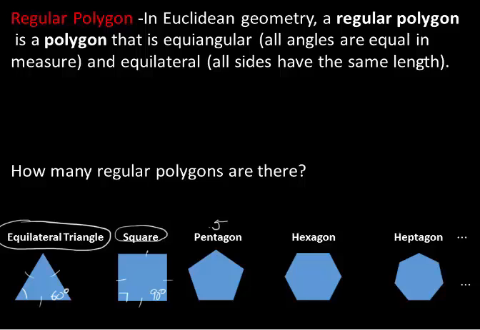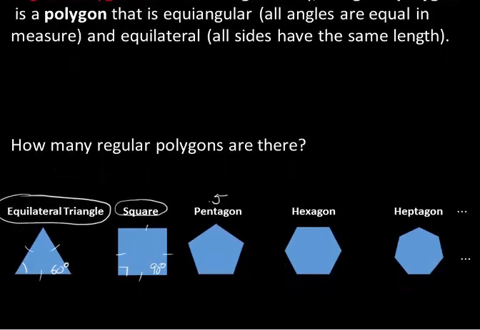I would like to show you how we would calculate the angles of the pentagon. If you look at any of these, you can put a dot in the center, and you can think of, in this case, 5 triangles.